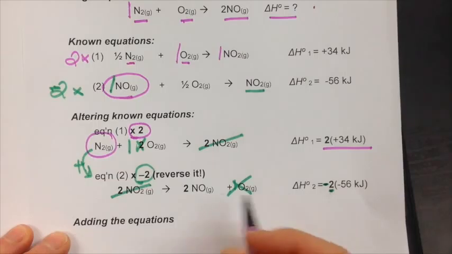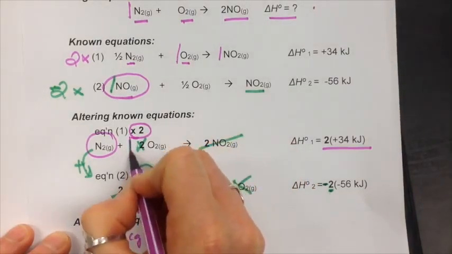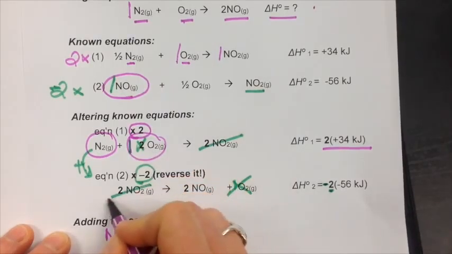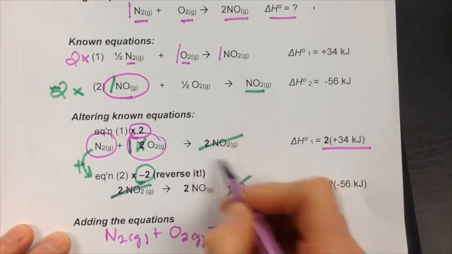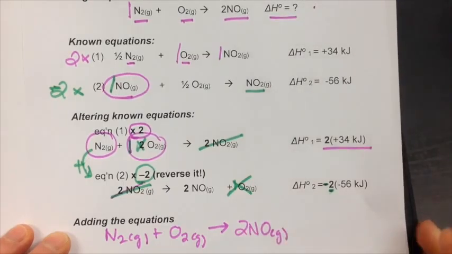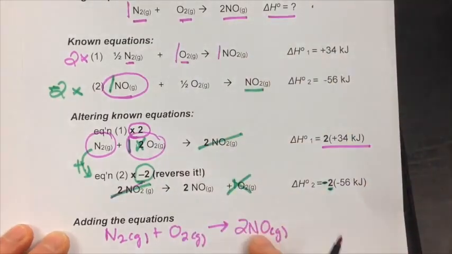Okay, so I have my nitrogen gas, and then I have 1 oxygen gas. Everything else is canceled out. On my product side, this is canceled, that is canceled, leaving me with only NO gas. And now I have my exact target reaction.